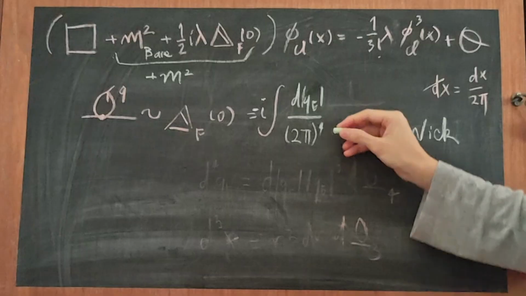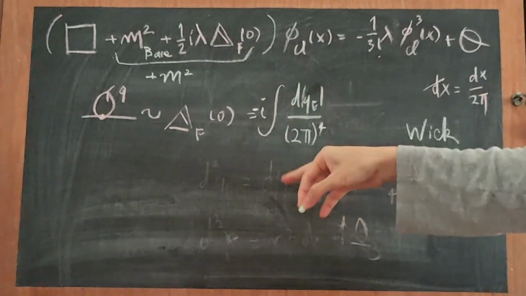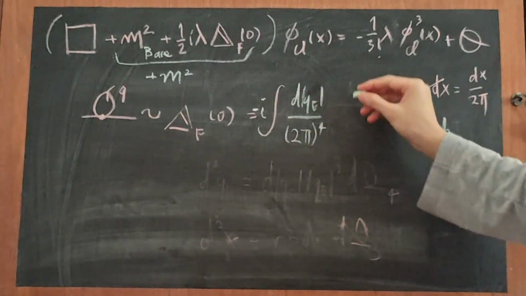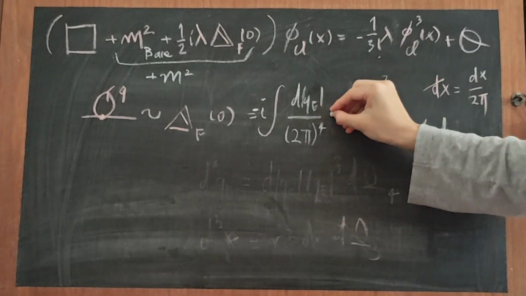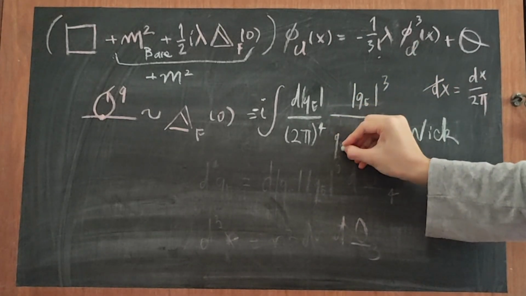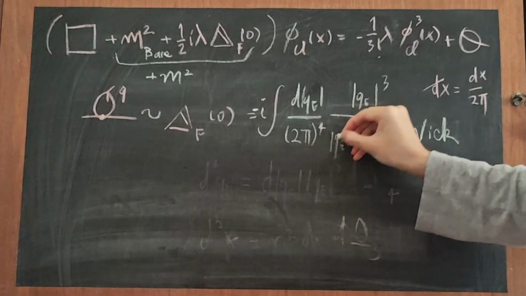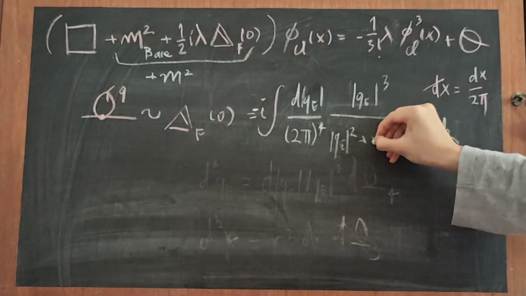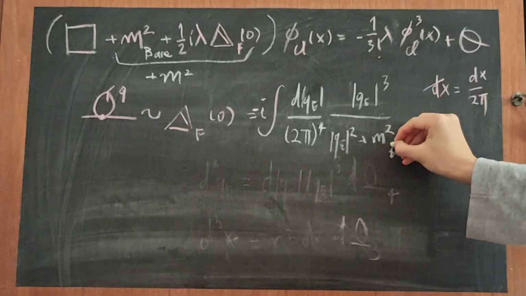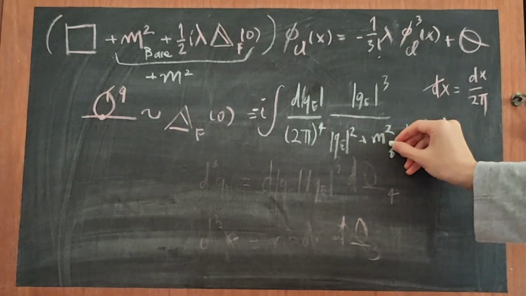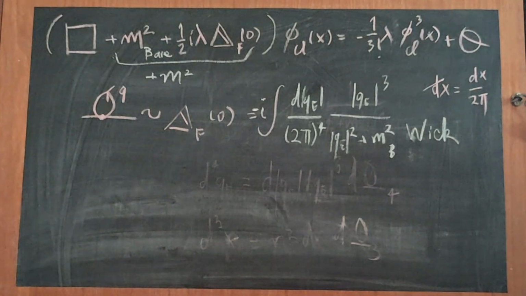The 2 pi to the power of 4 factor remains, so I'm just taking it out of the slash notation. Yep, that's how it looks like.